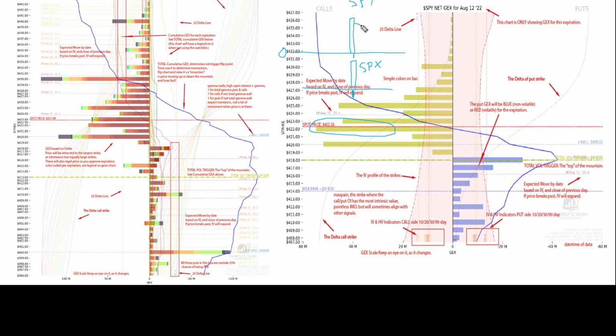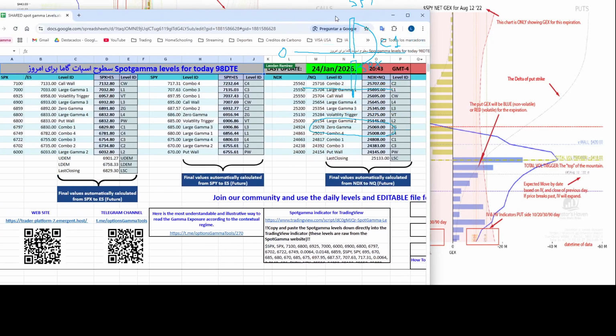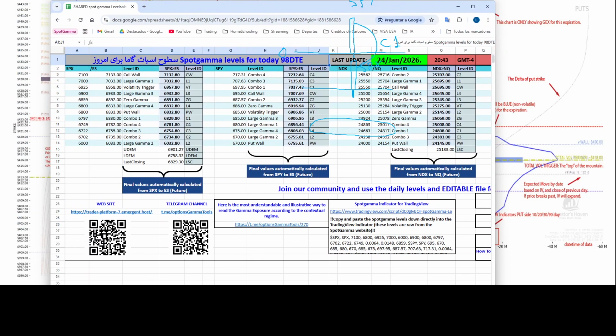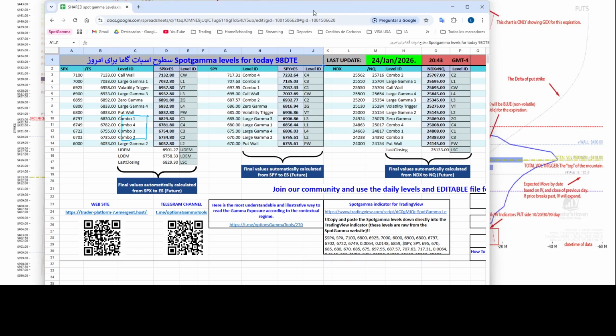In this case, this is named combo 1 or combo 2 or combo 3, mixing both gamma. For that reason, SpotGamma classifies this information as combo.